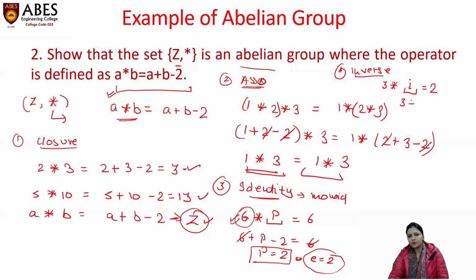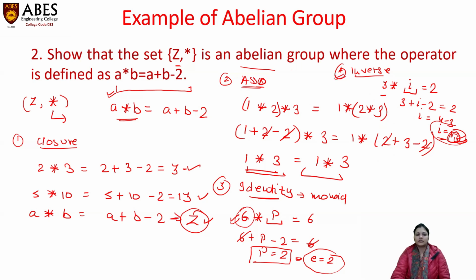So 3 plus I minus 2 is equal to 2, I is equal to 4 minus 3, I is equal to 1. So the inverse of 3 is 1. So 1 is also an integer. Calculate the inverse of any other integer. We will always get an integer value as the inverse of any integer. So the inverse property is also satisfied.